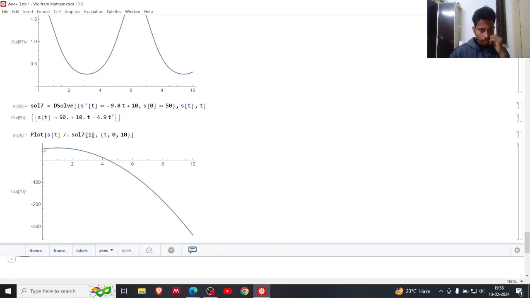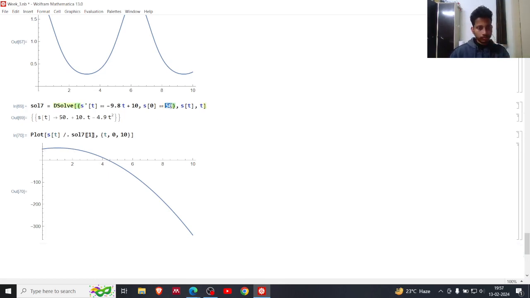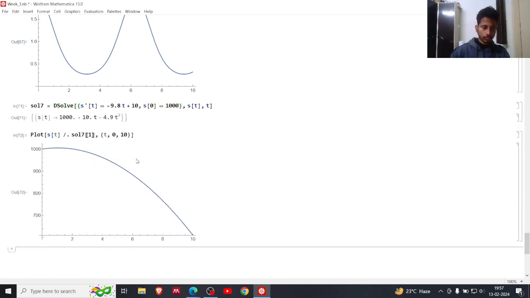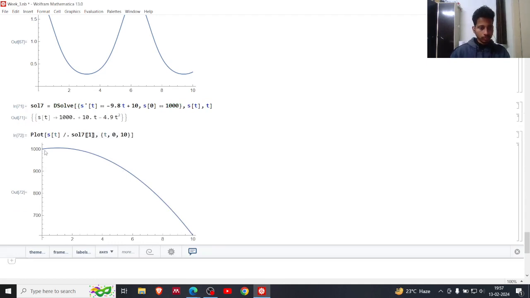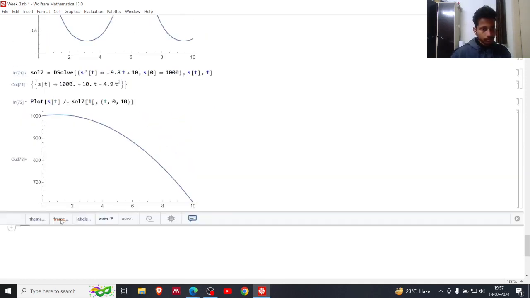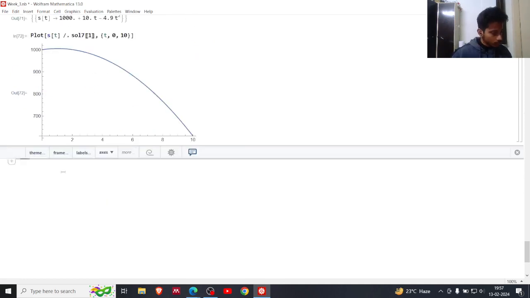So here it is thrown and then the thing is falling like this, and at this point of time it is hitting the ground. So if it is started at 1000, then at around 10 seconds it will hit the ground. Okay.